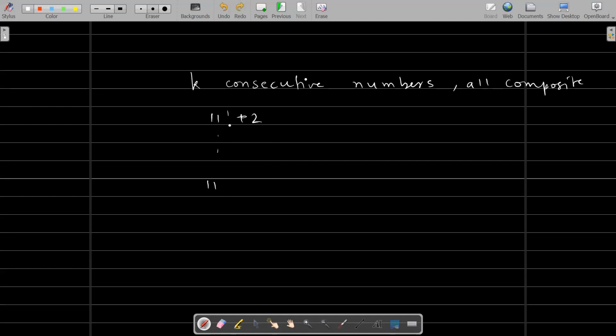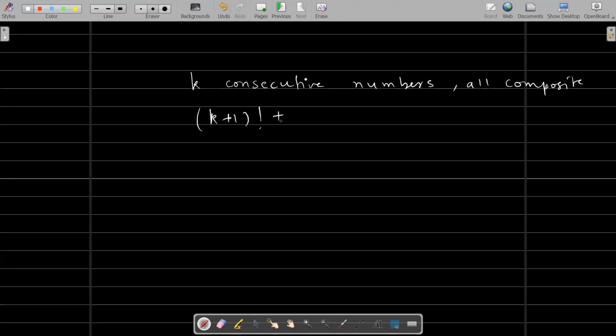So for k consecutive numbers, what I should do is take k plus 1 factorial. And what is that? It's the product of 1, 2, 3, 4, 5, 6 up to k plus 1. So it's divisible by every number from 2 to k plus 1.